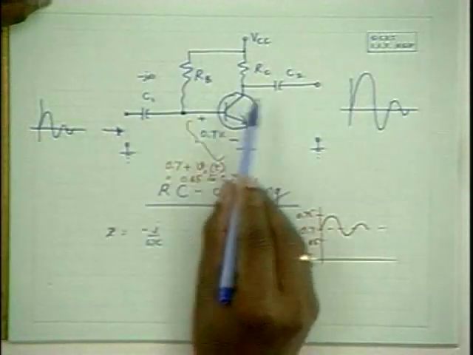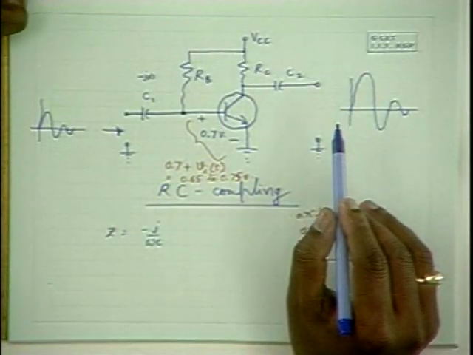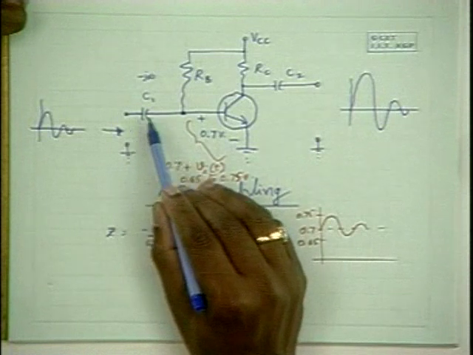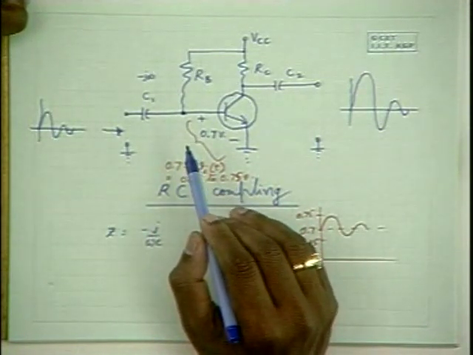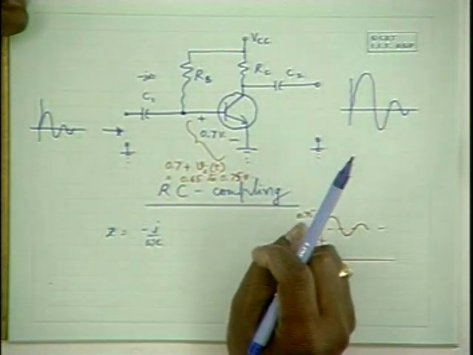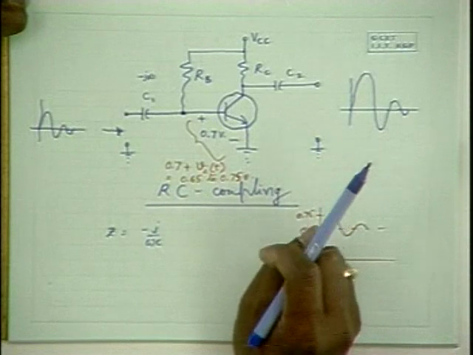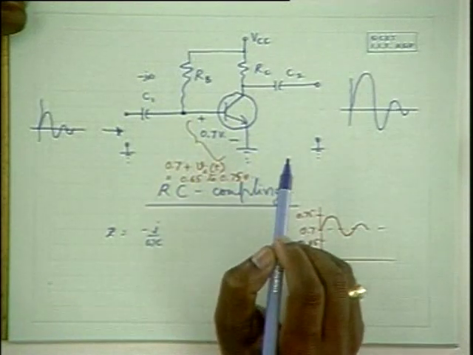Such amplifiers which use capacitive coupling are known as RC coupled amplifiers. Naturally, they cannot be used for amplifying DC signals or low frequency signals because the capacitor blocks them. So we do have DC amplifiers or very low frequency amplifiers wherein we don't use a coupling capacitor.